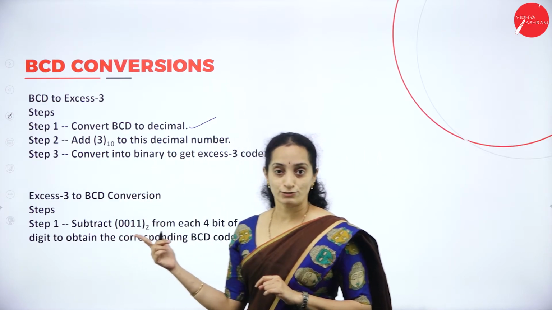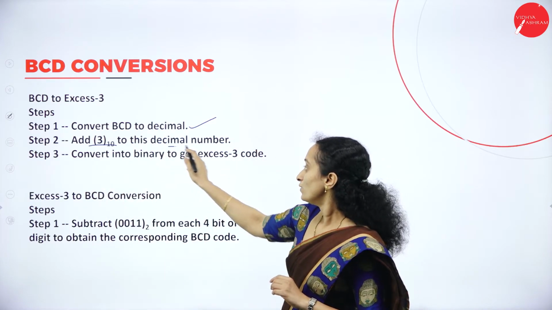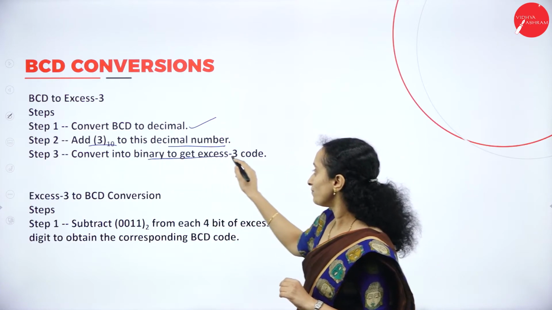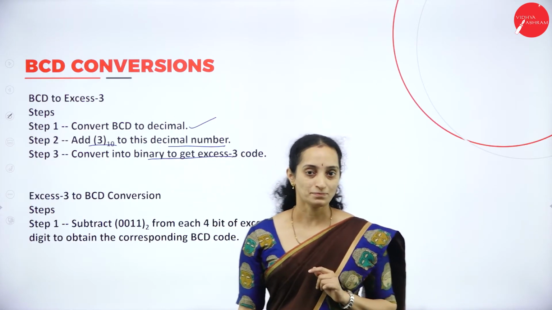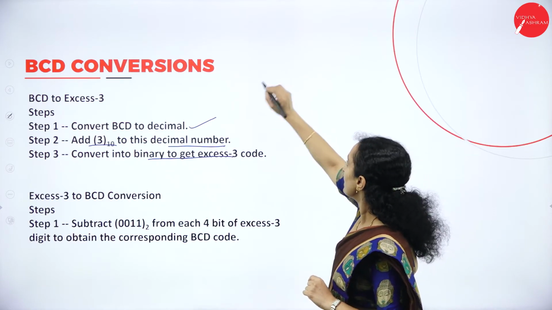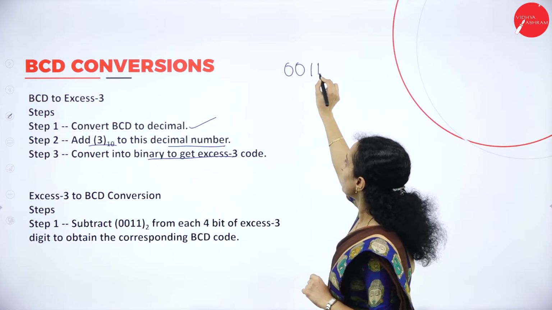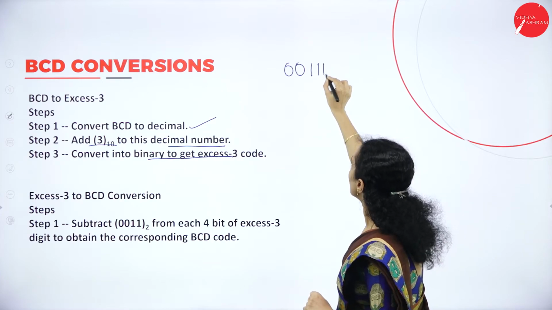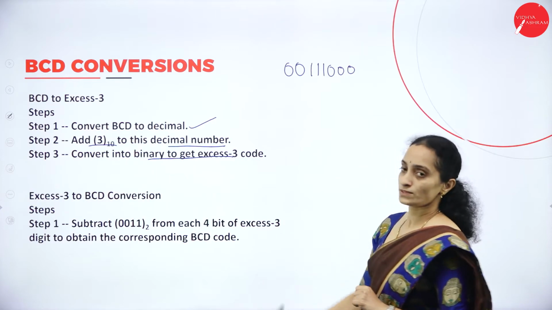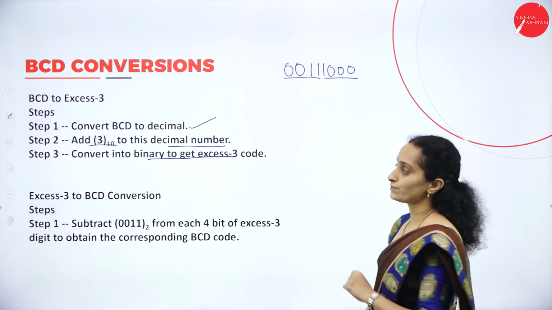After converting it to decimal, add a decimal 3 to this current decimal number and convert into binary to get an XS3 code. Okay, if you take an example, 0011 100. So if this is the example, you can convert it into decimal.